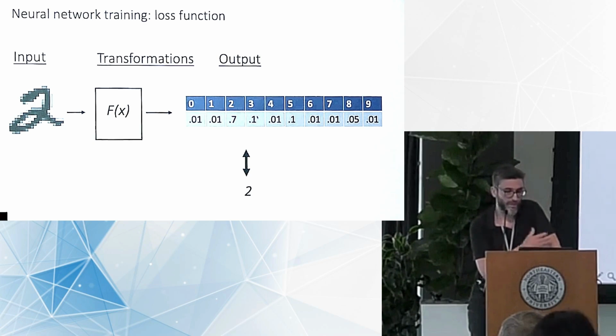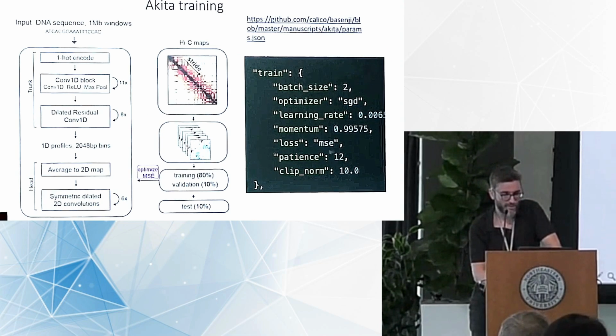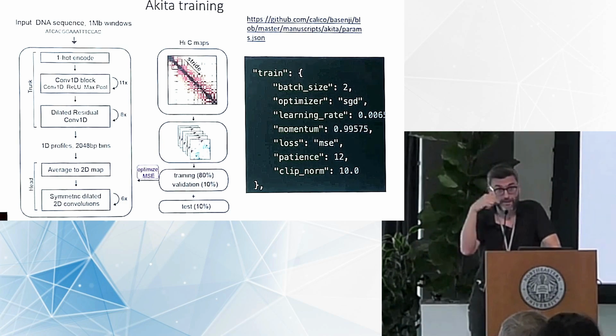People usually use cross entropy for that. What we used for Akita was just the mean squared error loss between the model's prediction for a megabase by megabase patch and the true data for that patch, because we were predicting something that is in this kind of -2 to 2 domain.